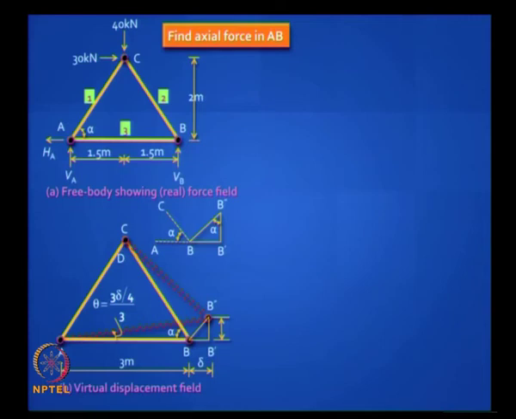I do not want that, so I want BC to remain unchanged in length, and so it means I take C as center and draw an arc or a tangent. For small deformation the arc can be replaced by tangent, so B moves to B dash.